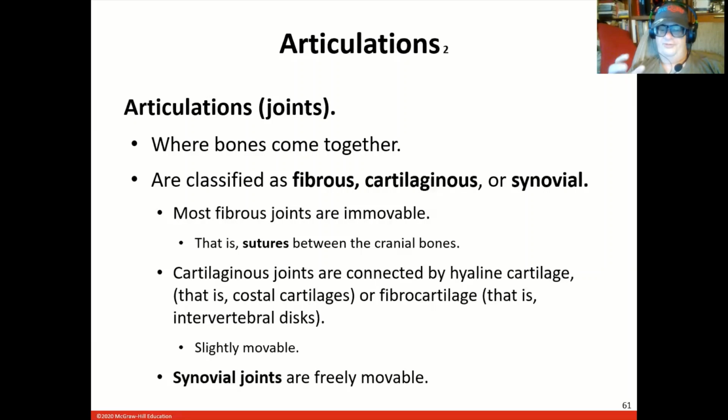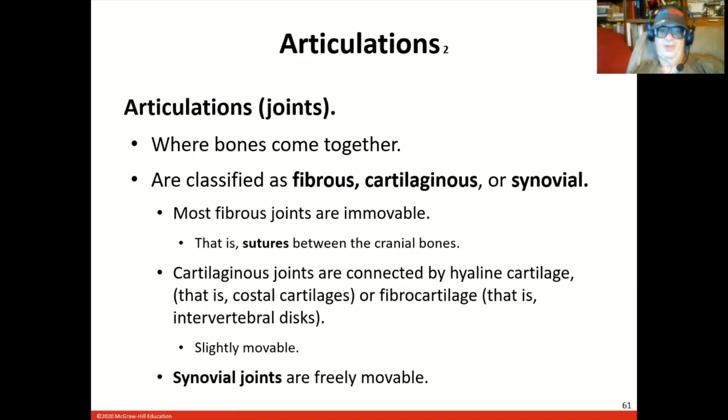Those sutures have the bones hooked together by fibrous connective tissue, and it's not a straight line, it's all wiggly, kind of like dovetailing in woodworking. If you don't want two things moving, they stick together like that, kind of like a jigsaw puzzle. That's what sutures are like.